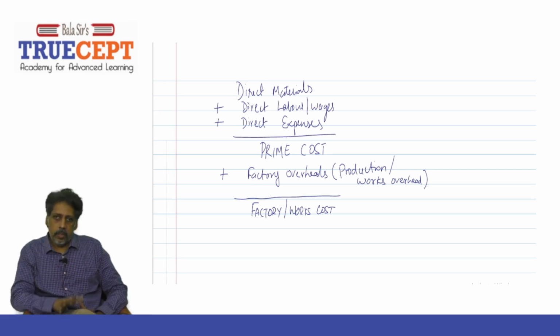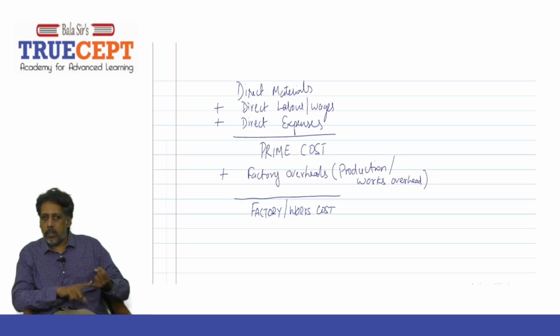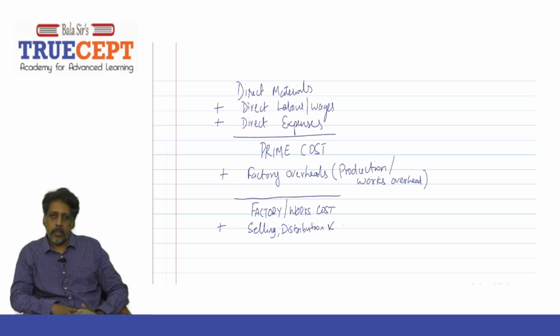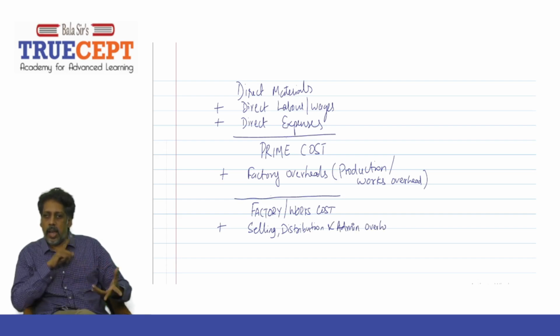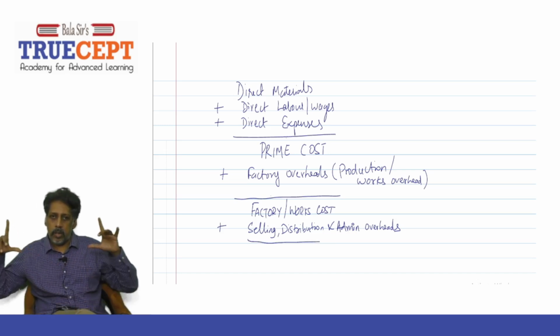You should know this. Then one more point. To the factory cost, add selling, distribution and administrative overheads. If you add the selling, distribution and office or admin overheads, you get the total cost.